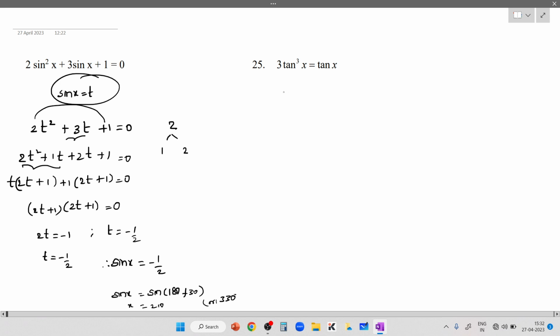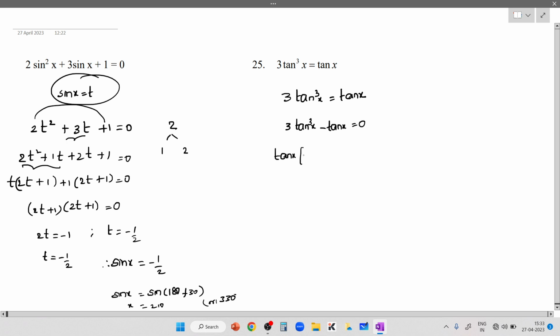Now coming to this question, 3 tan cube x is equal to tan x. To solve it, we have to send each and every term on one side. That will become 3 tan cube x minus tan x is equal to 0. I'll take tan x as common. So then I am left with 3 tan square x minus 1 is equal to 0.